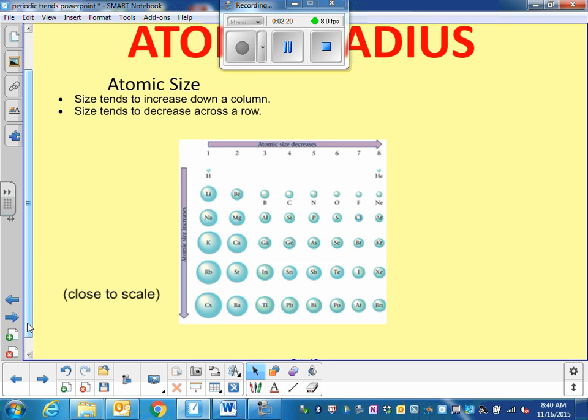What happens to radius as you go across a period? It gets smaller. Now we're going to stop for a minute and go through this worksheet. What kind of questions will you get asked on atomic radius? Now that you know the pattern, I'm going to start with Edda at the end. So let me find that worksheet.